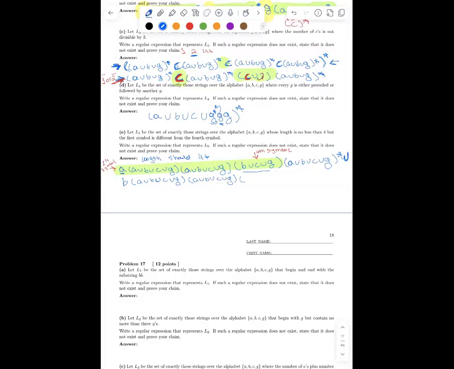And my fourth symbol cannot be the same as my first symbol, so I cannot use B as my fourth symbol. So I either have A or C or G. This is length 4, but because I can have more than 4, I will use A or B or C or G, Kleene star.